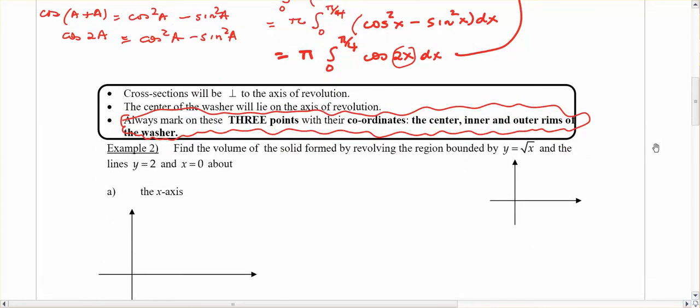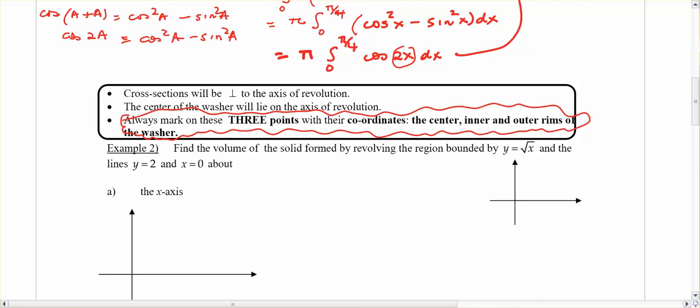Okay, let's do some examples. Example 2 is the same area that is being rotated, but it's rotated about 4 different axes of rotation. So example 2, find the volume of the solid formed by revolving the region bounded by y equals root x.